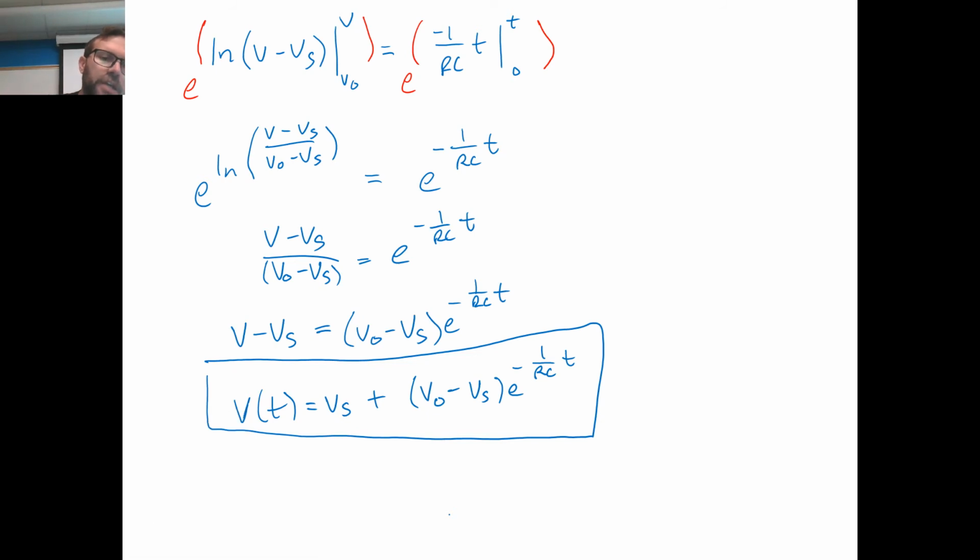Let's actually take note of what each of these terms are. Vs is V at infinity, the steady state value. V naught is the initial cap voltage.